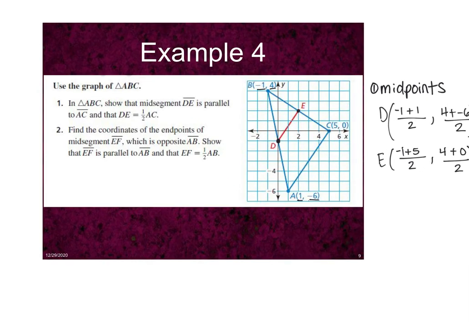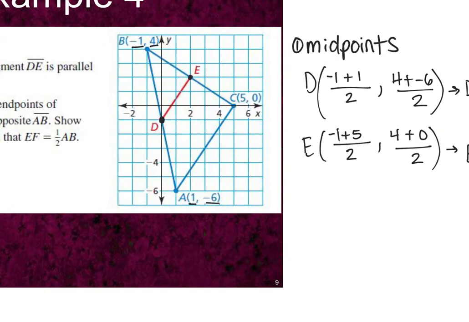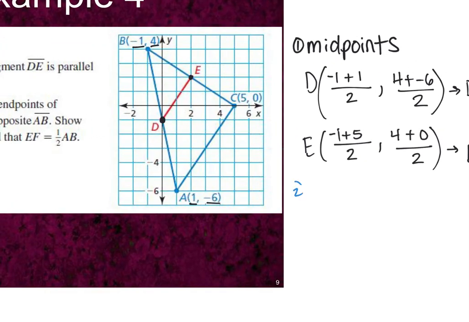Now it says, show that the midsegment DE is parallel to AC. Now let's go down to this next slide. So let's go back. Step number 2 is slope. All right, so we're going to find the slope of DE, and we're going to find the slope of AC.